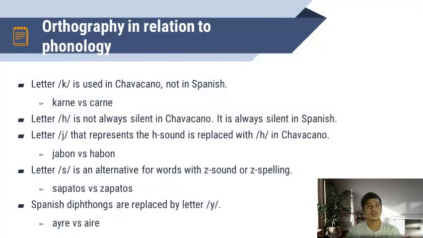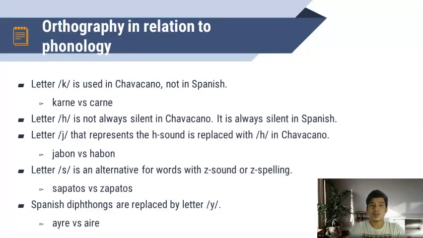Now we proceed to the orthography in relation to phonology, and let's see the difference between Spanish and Chavacano. First, the letter K is used in Chavacano, not in Spanish, for words with the K sound. For example, we have carne.